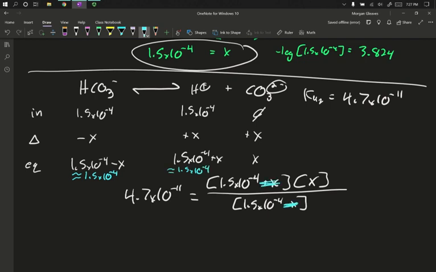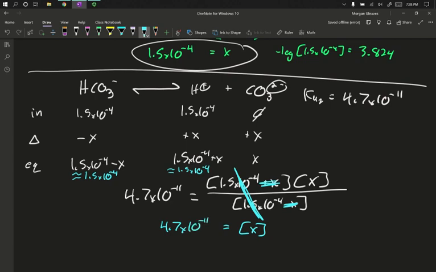The net effect is that our bicarbonate and our H plus concentrations, which came in the same, despite technically changing a little, are going to change so little that they basically just cancel each other out in the calculation. You have the same on top and bottom, they cancel out, and really our carbonate concentration just looks like 4.7 times 10 to the minus 11.